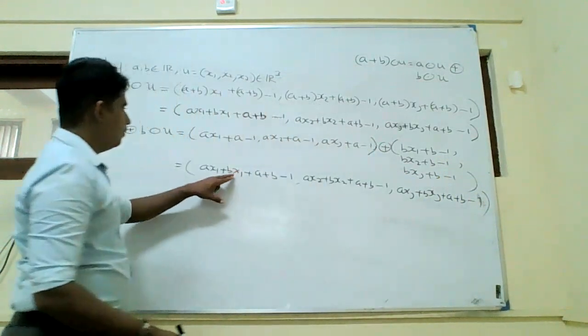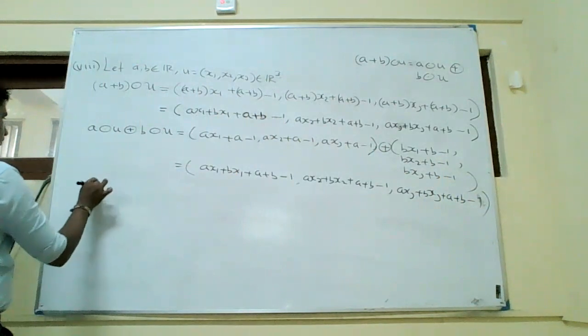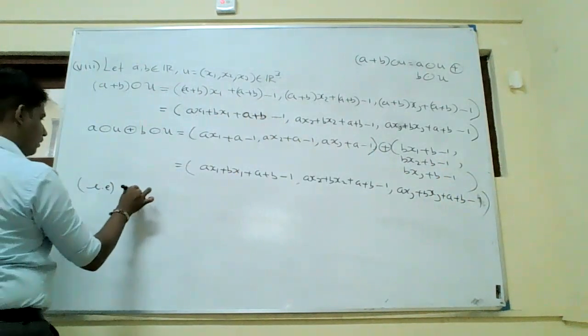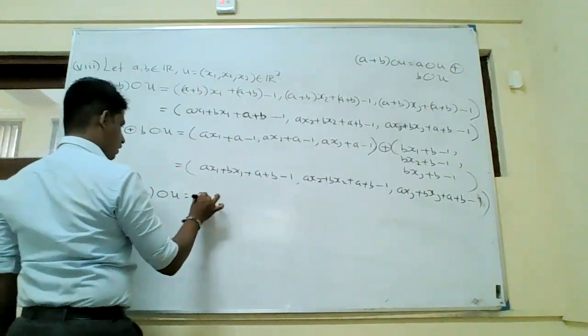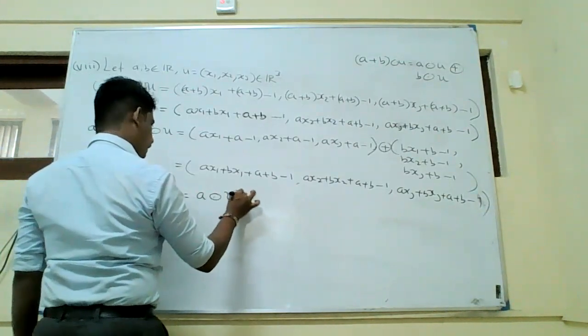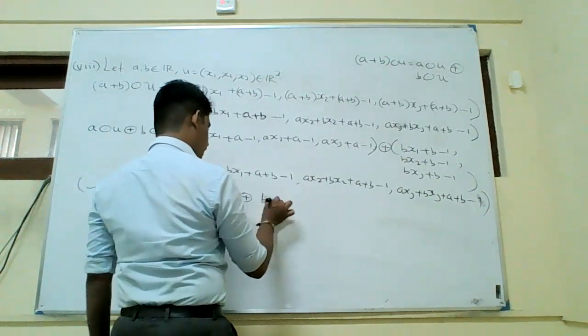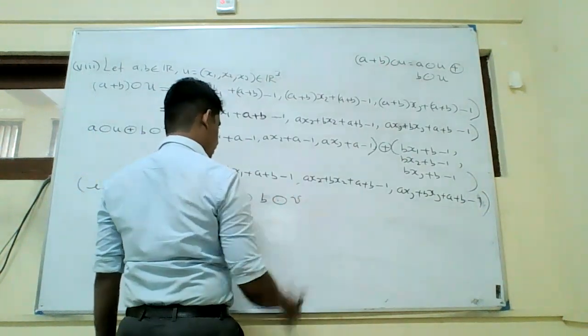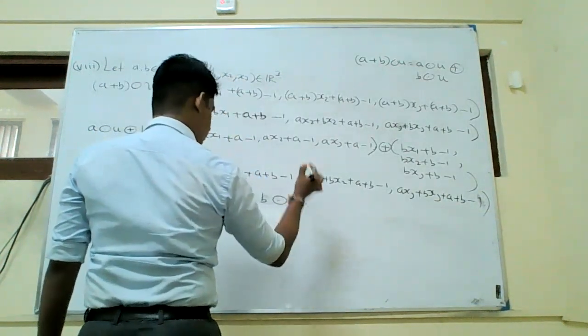So this one equals this one. That is, (a plus b) scalar multiplication of u equals a scalar multiplication of u, vector addition, b scalar multiplication of u.